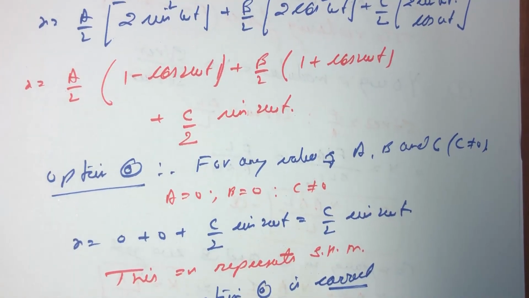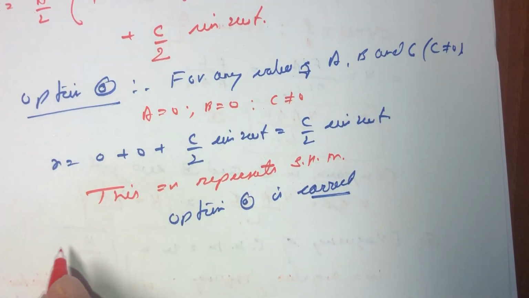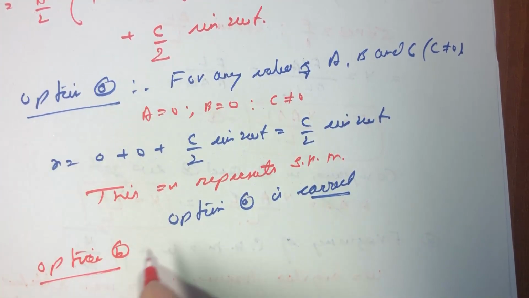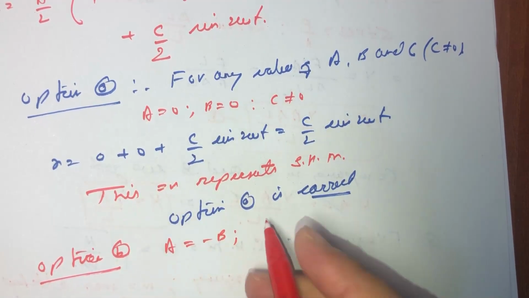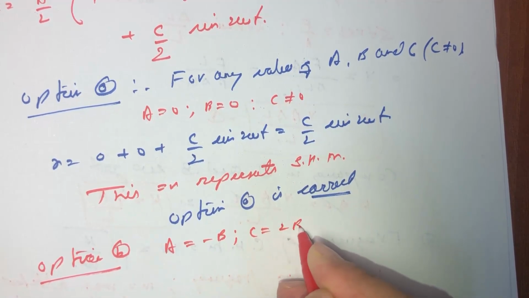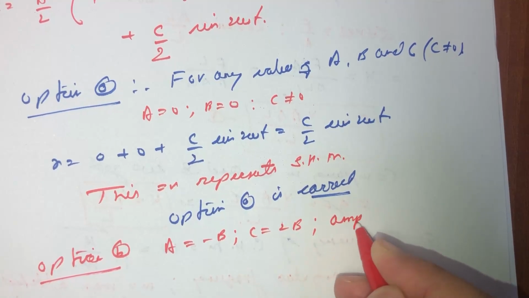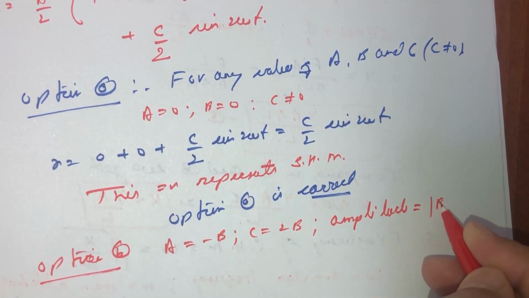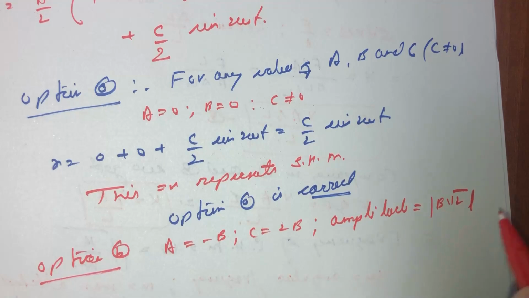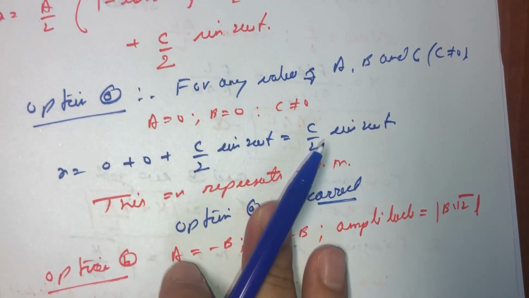Now let us try option B. In option B we are given that a is equal to minus b, c is equal to 2b, and the amplitude that will come will be equal to modulus of b square root of 2. So once again, let us put in the equation.